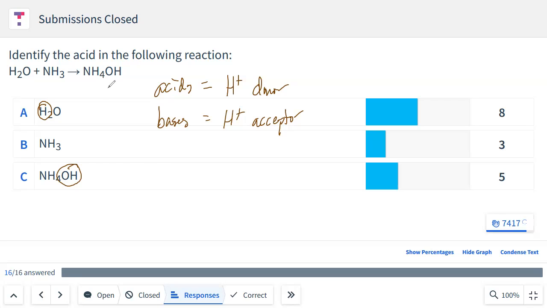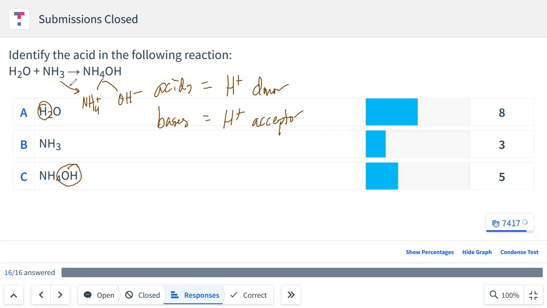Where is the hydrogen going? And so if we break ammonium hydroxide into its components, the ammonium ion and the hydroxide ion, it's pretty easy to see that the ammonia, NH3, is what has gained the H plus. That means the ammonia is a base.